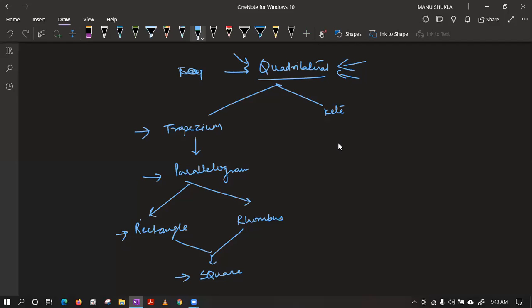So trapezium has one pair of opposite sides parallel. Parallelogram is the son of trapezium, so it follows this property, and in addition it has two pairs of opposite sides parallel. Then rectangle is the son of parallelogram. It follows all the properties of parallelogram.